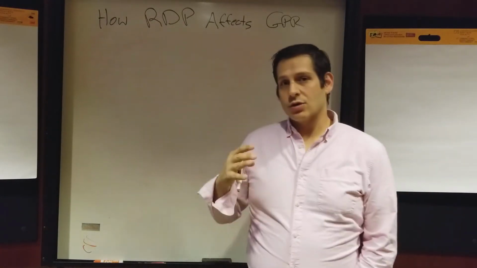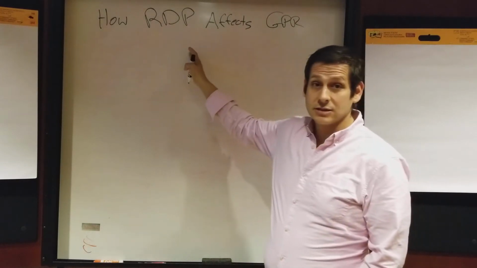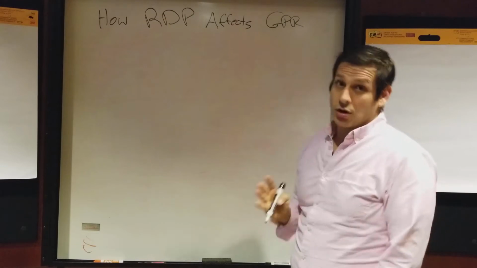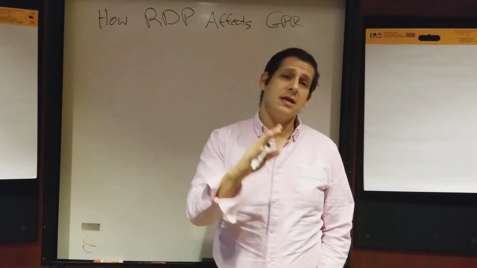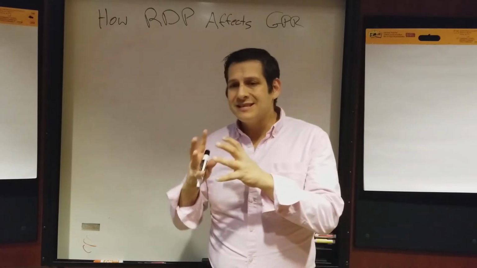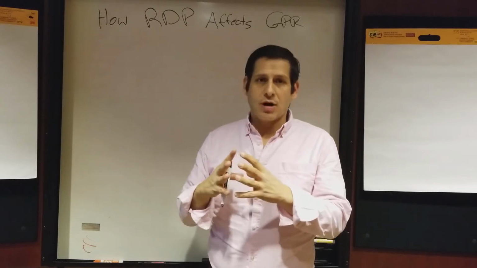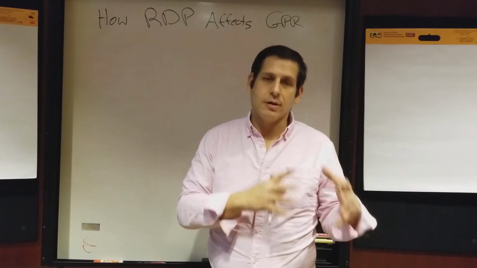And today we're going to go over the ways that RDP, that's relative dielectric permittivity, can affect GPR. Okay, how does RDP affect GPR? RDP is a physical property that all materials have, and it's basically the physical property that influences your GPR waves the most.